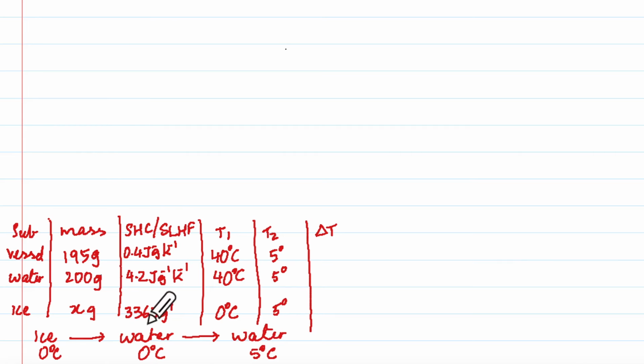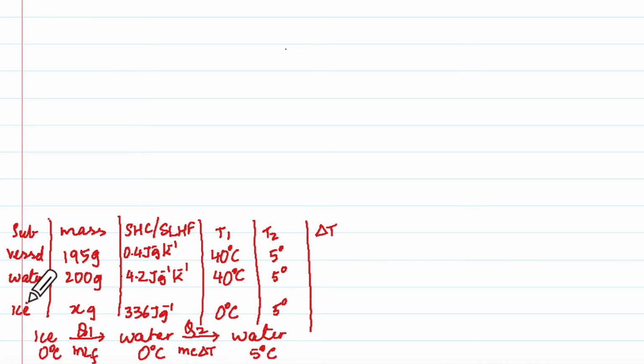Most of you do not draw this, and then you write only MC delta T for this or MLF, and then you go for a toss. What formula will I use here for Q1? MLF. Which formula will I write for Q2? MC delta T.